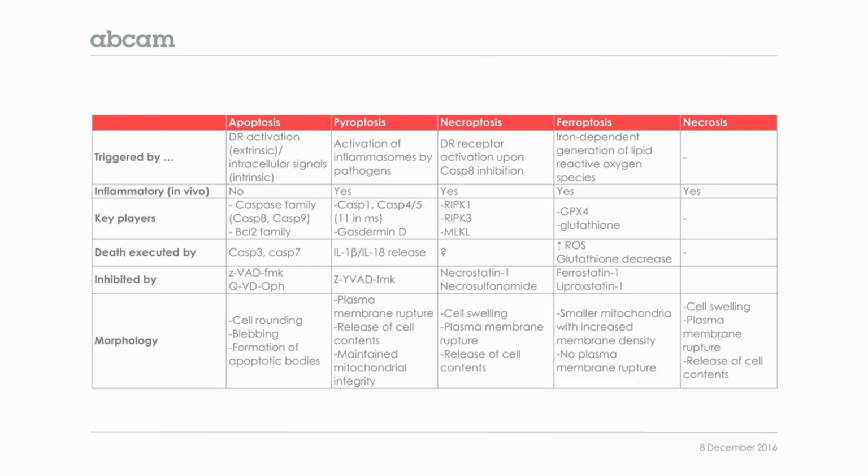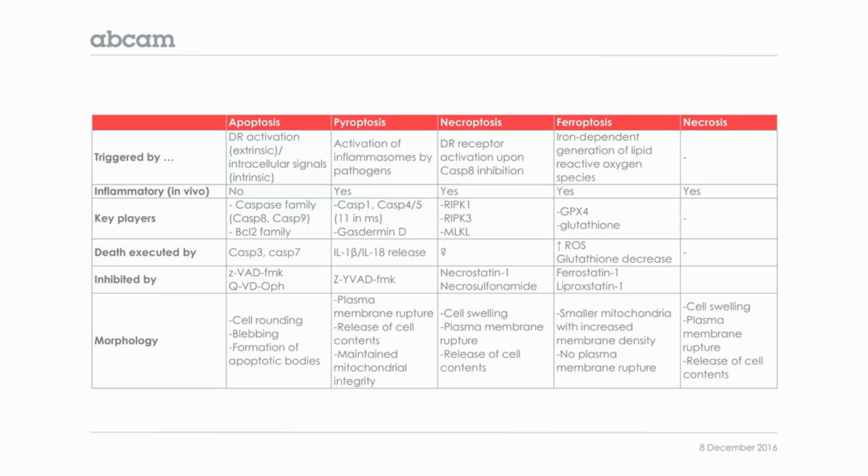The executioner caspases, mainly caspase 3 and 7, are responsible for executing apoptosis, whereas interleukin 1 beta and interleukin 18 are thought to execute pyroptosis, although as we mentioned, this pathway is still not very well defined. How necroptosis is executed is still unclear. And an increase in cellular reactive oxygen species and a decrease in the glutathione pool seem to be involved in the later stages of ferroptosis.